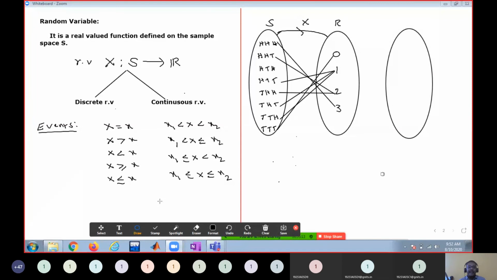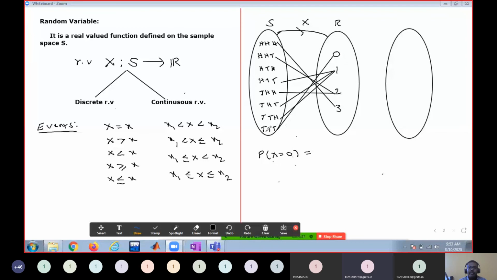So what do you mean by the probability that X equal to 0? X equal to 0 means there is no head. No head means all are tails. How many are there? What is the pre-image of 0?